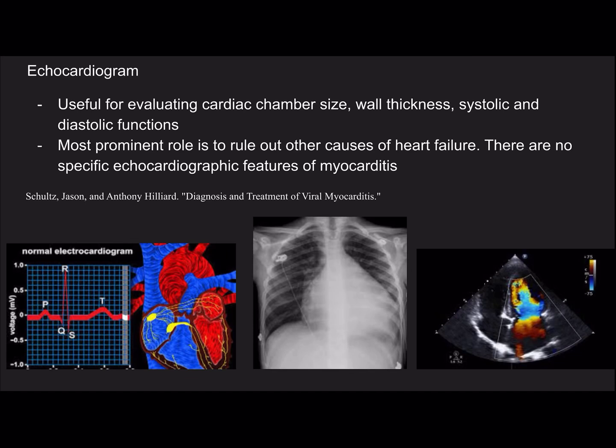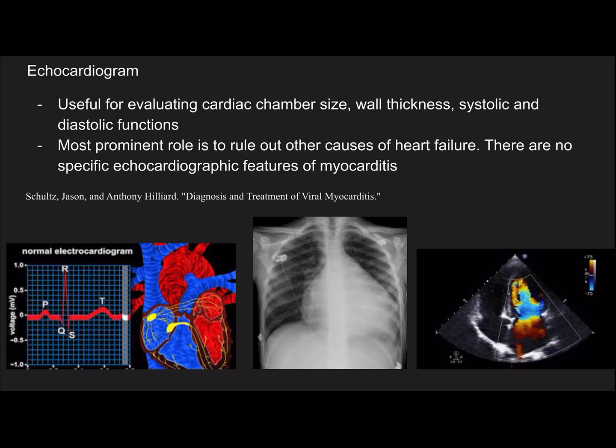It's useful for evaluating cardiac chamber size, wall thickness, and systolic and diastolic function. What I thought was interesting is that the echocardiogram itself can identify myocarditis, but it can't identify many other common heart problems. So basically, the doctors will use the echocardiogram to rule out many other heart conditions, and that would leave myocarditis and a few other less common heart conditions.